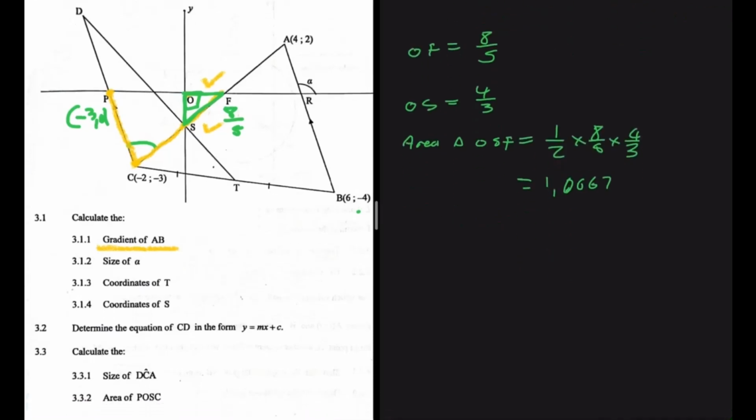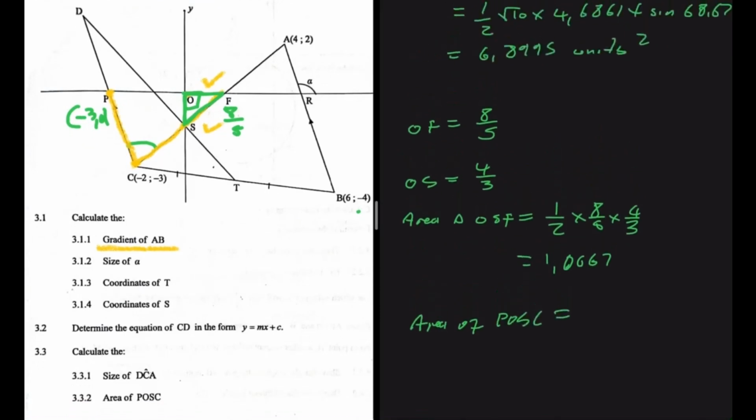So now we can say that the area of OSCP should be equal to 6.8995 minus 1.0667, right? And that should be equal to 5.8333 units squared.